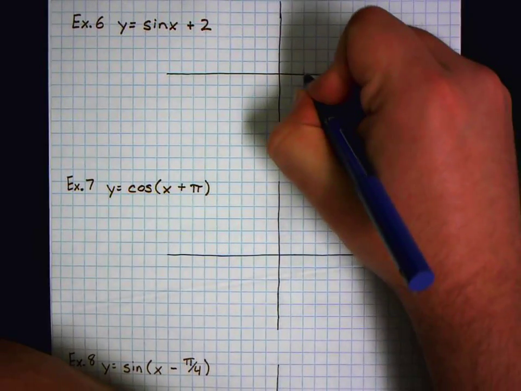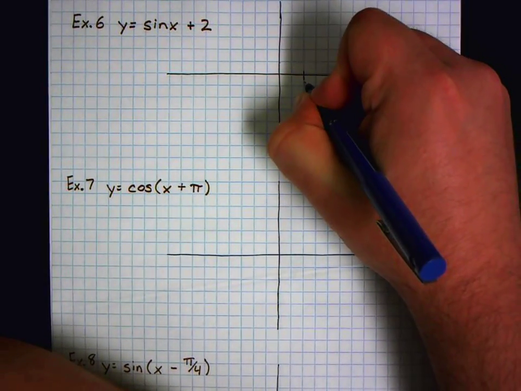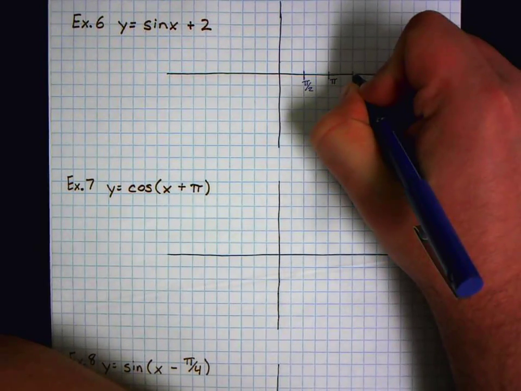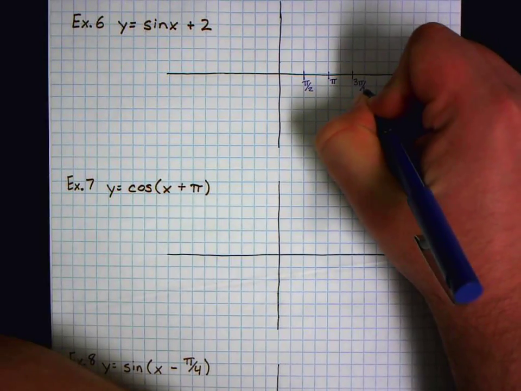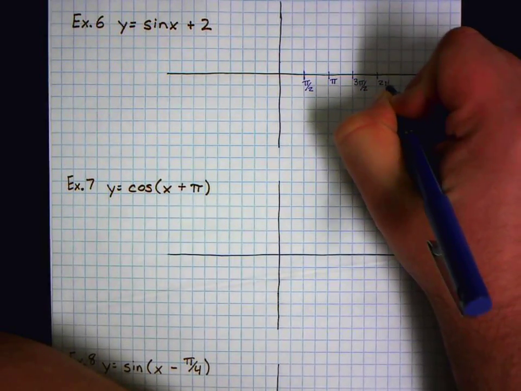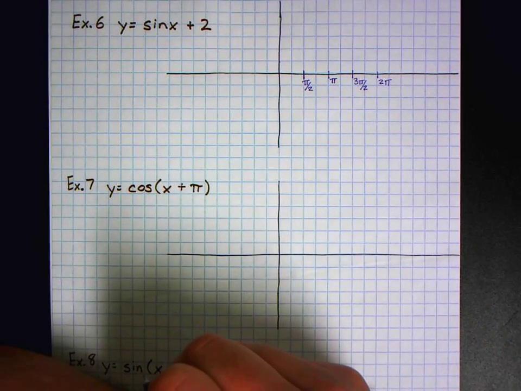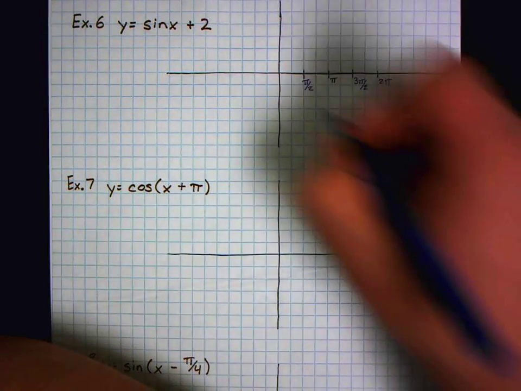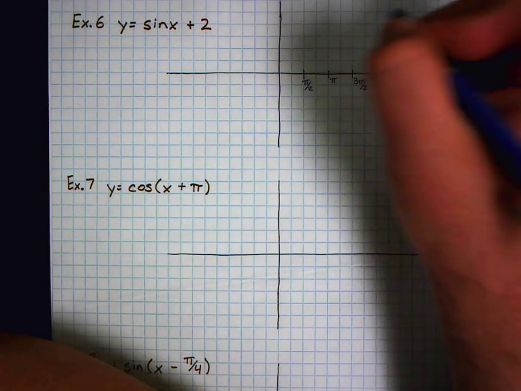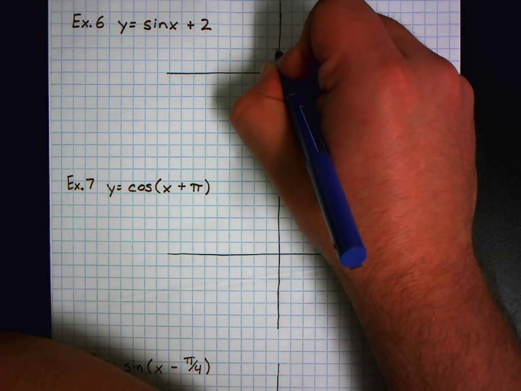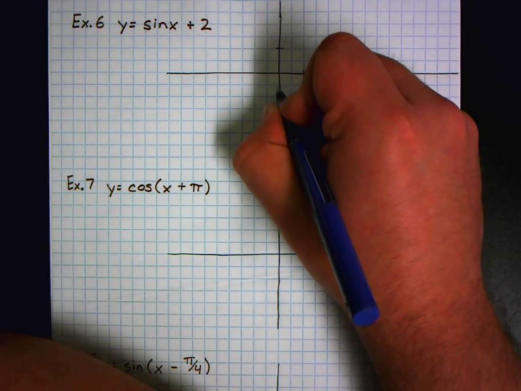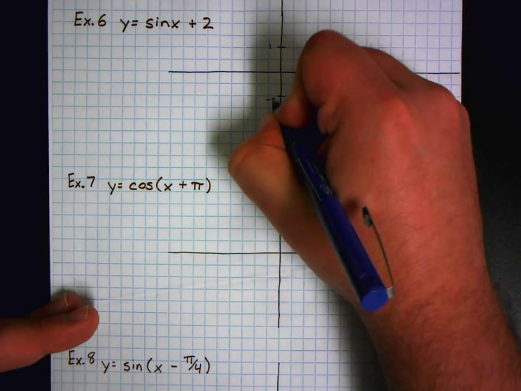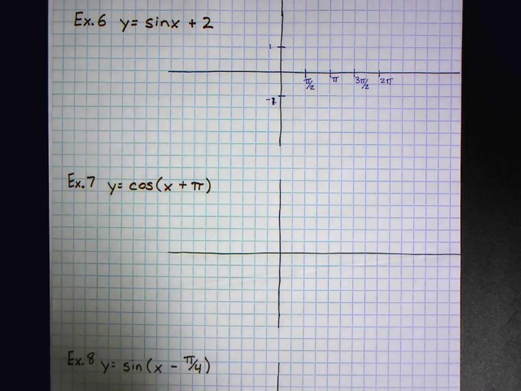So pi over 2, pi, 3 pi over 2, 2 pi. And then normally wherever I'm graphing, I would go up to the 1 and down to the -1. So again, just as a reminder, this is what sine would normally look like.